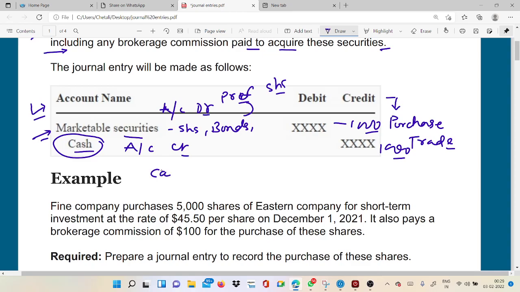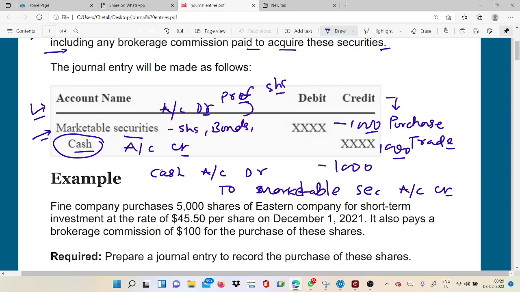The cash account is debited, and the marketable security account is credited. This is how the accounting entries will be prepared.